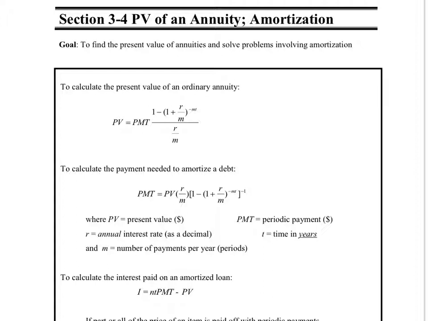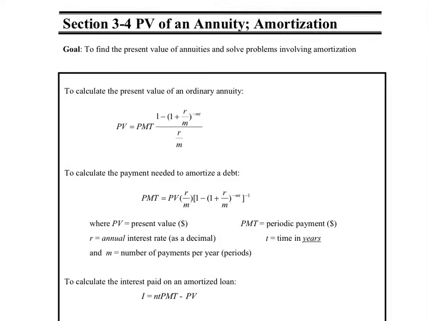So, here's our formula. Notice one thing that's a little different. Our exponent now is negative. That's going to be very important. Please don't leave that off. If we know the present value and we want to know the payment needed in order to amortize the debt, then we have another formula that you will see here.